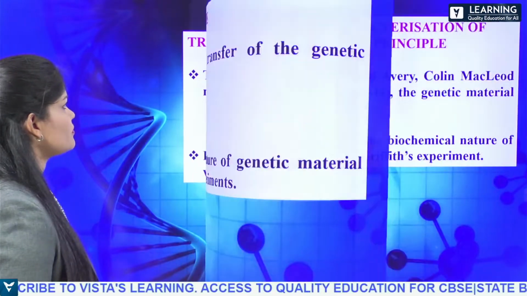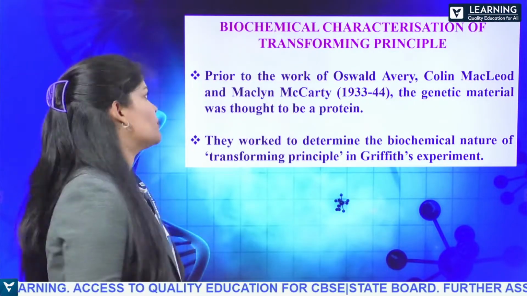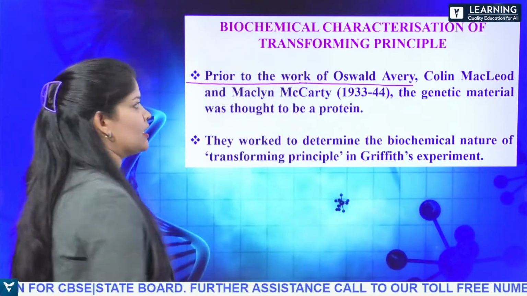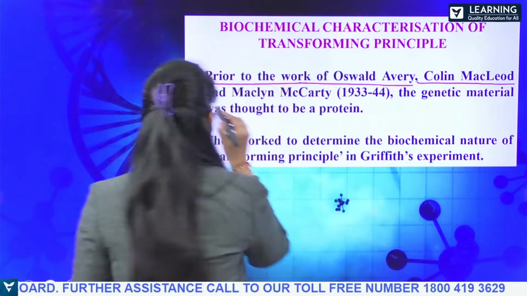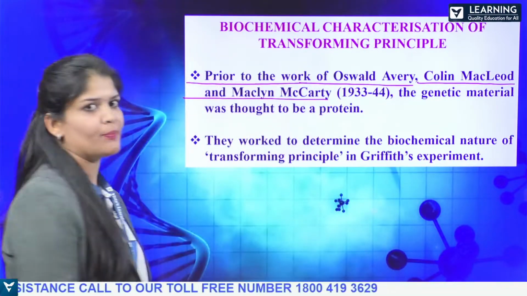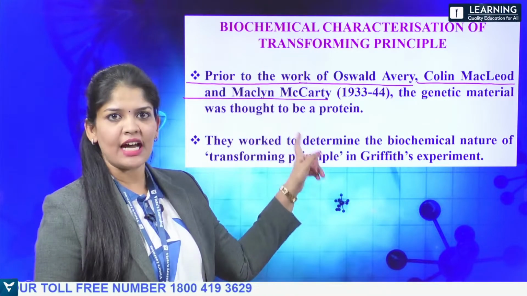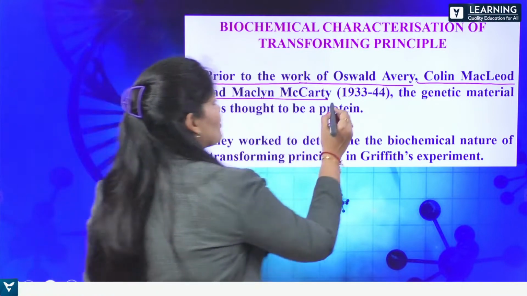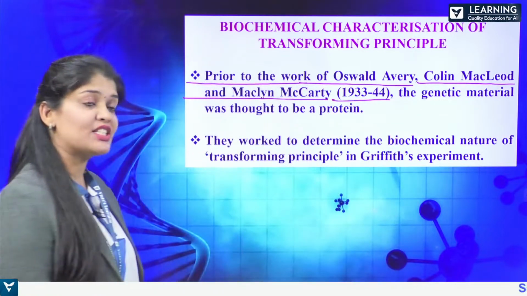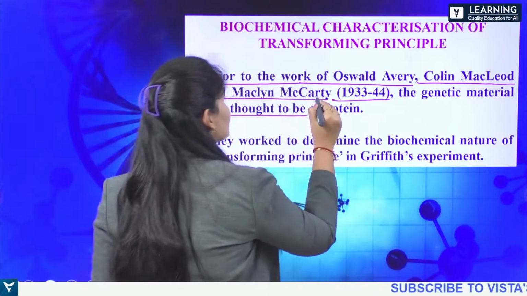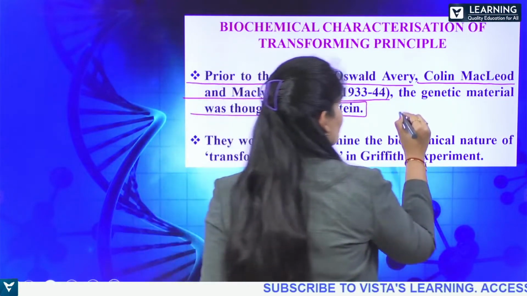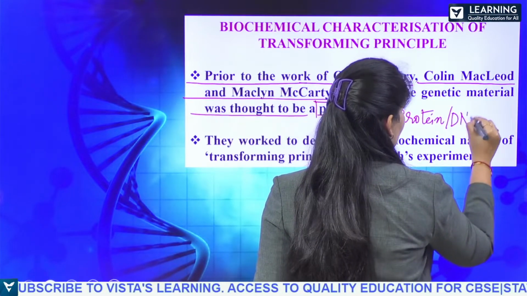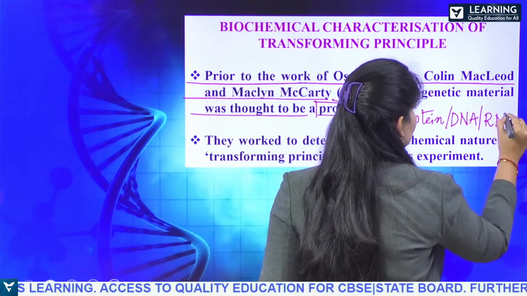Now, prior to the work of Oswald Avery, Colin MacLeod and Maclyn McCarty, the very popular Avery-MacLeod-McCarty experiment, who did their experiment during 1933 to 44, the genetic material was thought to be protein, DNA or RNA.